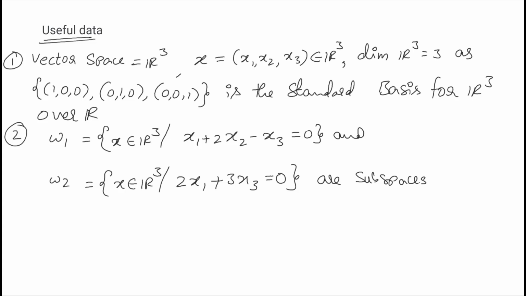The subspaces in the problem are W1, equal to x belonging to R cube such that x1 plus 2x2 minus x3 equal to 0, and W2, equal to x belonging to R cube such that 2x1 plus 3x3 equal to 0. These two are the subspaces.